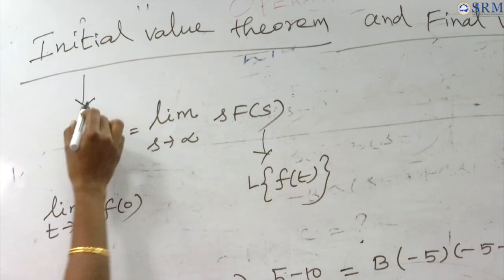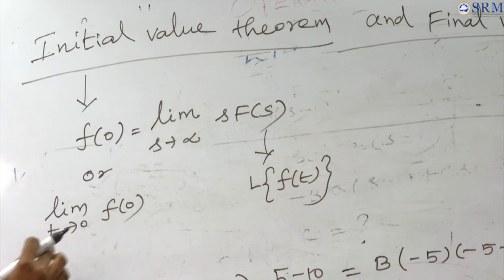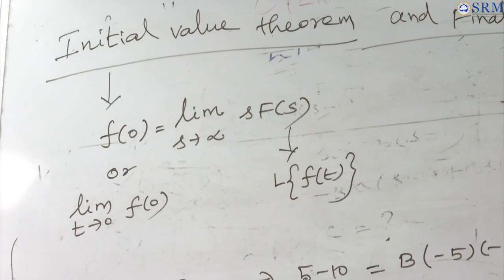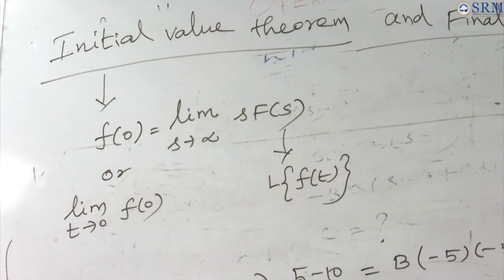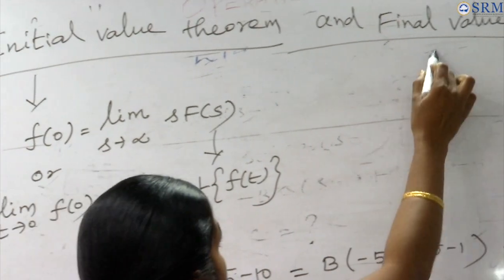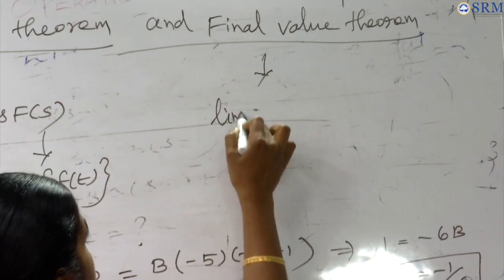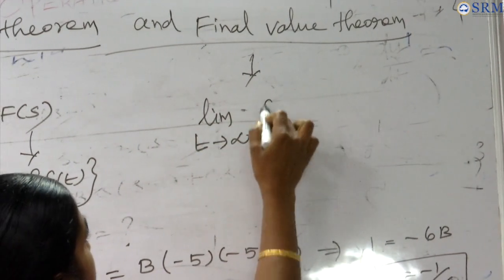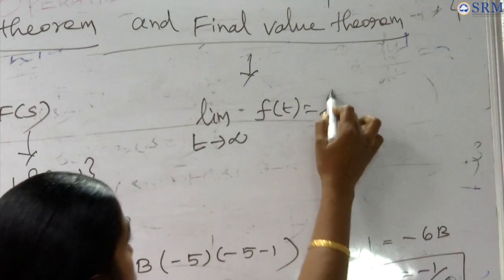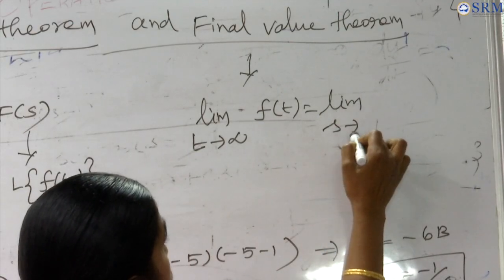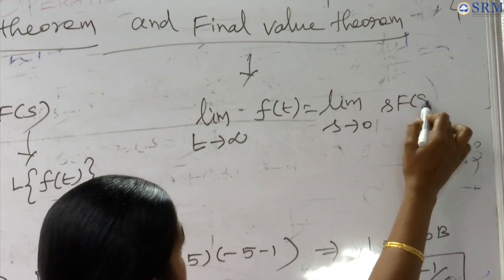So initial value theorem means on the left side t is replaced by 0, and s is replaced by infinity. But in final value theorem, limit t tends to infinity f of t is equal to limit s tends to 0 s into F of s.